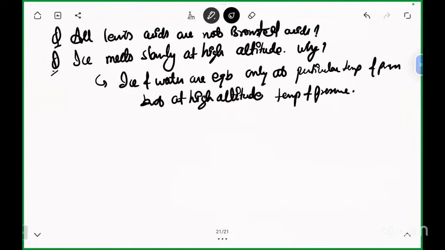You all know that at 0 degree we have two forms, the water form or the solid form of ice. At higher altitude there is a pressure change and a temperature change. So the pressure condition and the temperature condition change. That's why the ice melts slowly there.